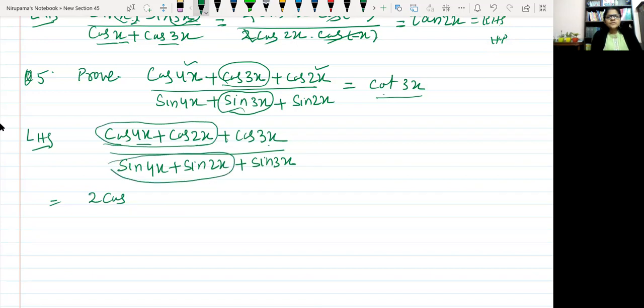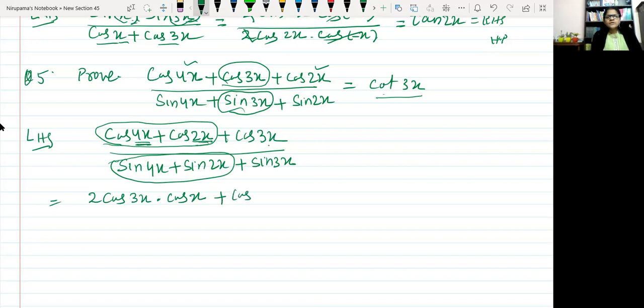So here we are applying the C plus D formula on this and on this. So cos C plus cos D: 2 cos, C is 4x, D is 2x, so C plus D by 2 means 4x plus 2x by 2, you get 3x, into cos (4x minus 2x)/2, 2x by 2, again plus this cos 3x.